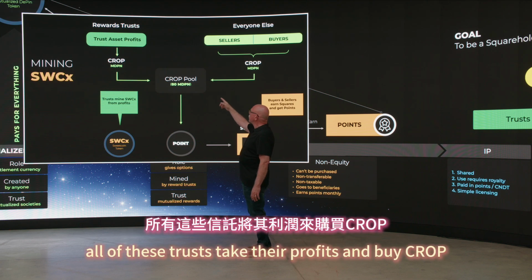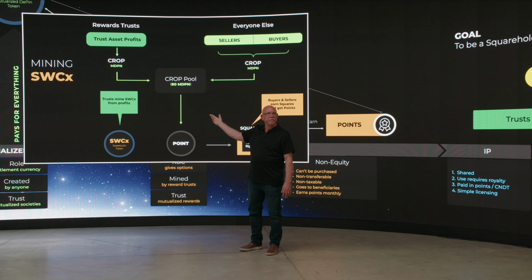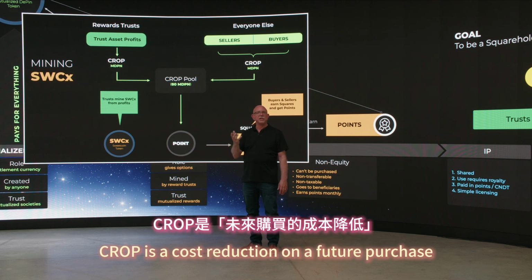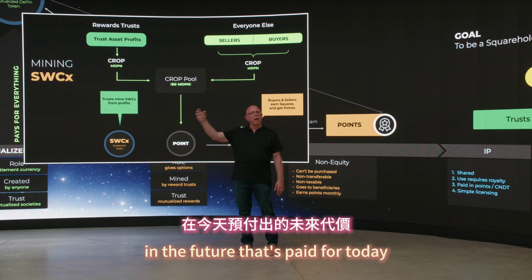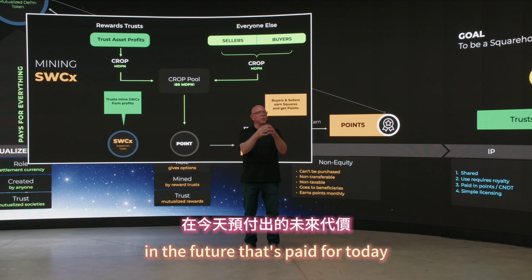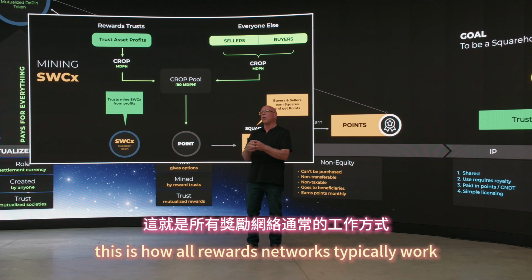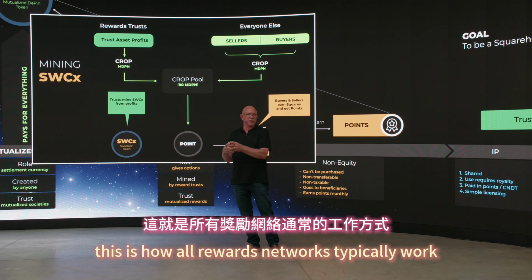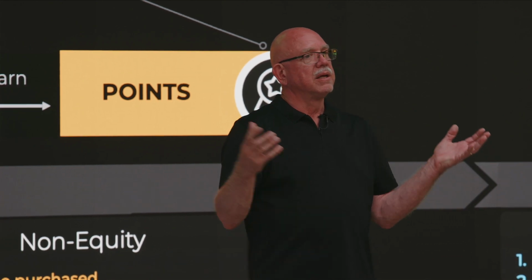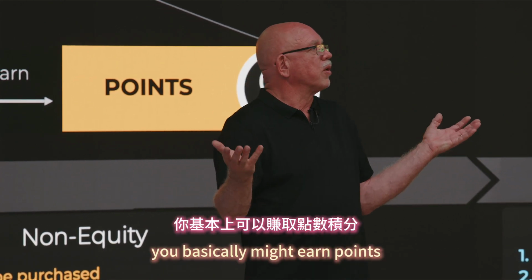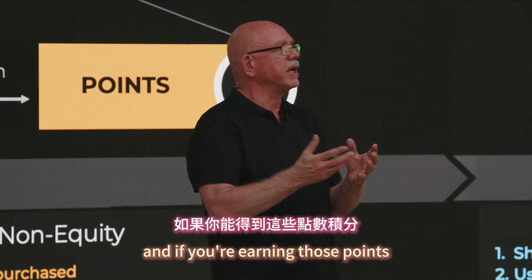All of these trusts take their profits and buy crop. Crop is a cost reduction on a future purchase. It's a discount in the future that's paid for today. This is how all rewards networks typically work. When you fly on an airline, you might earn points.